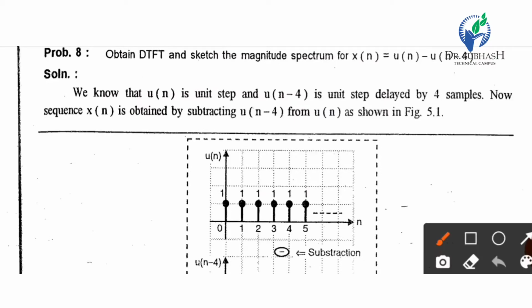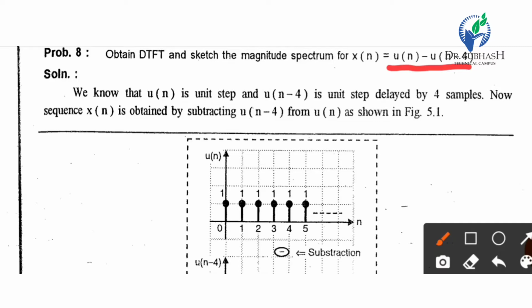Next example: obtain the DTFT and sketch the magnitude spectrum for x of n equals u of n minus u of n minus 4. So we know that u of n is the unit step.